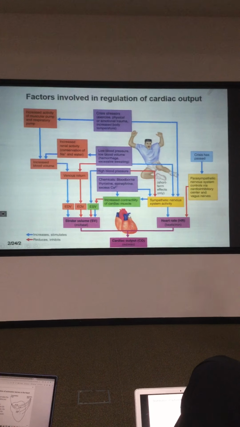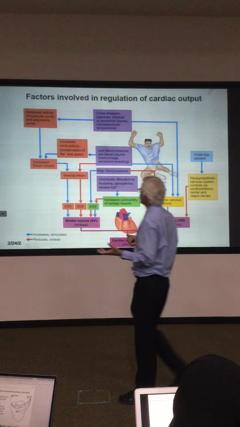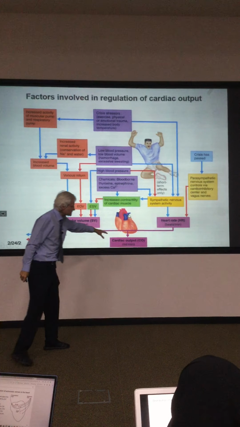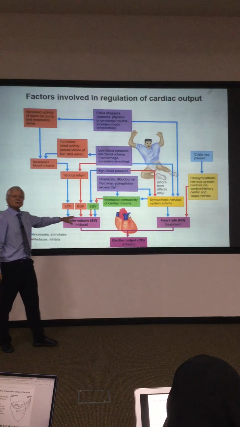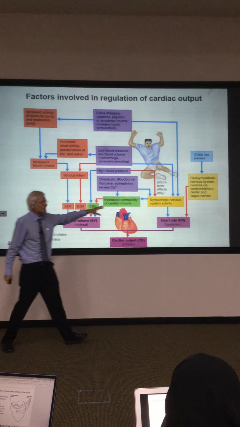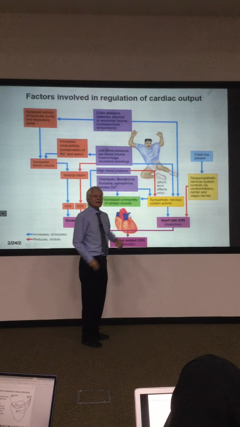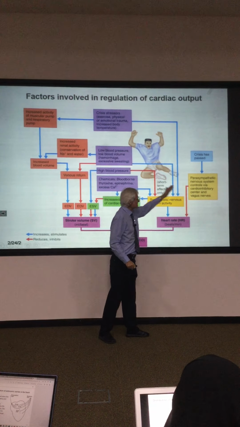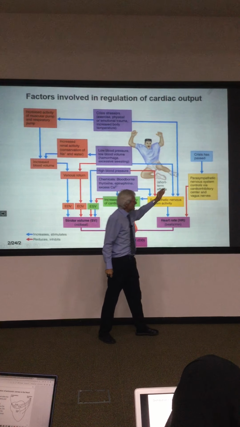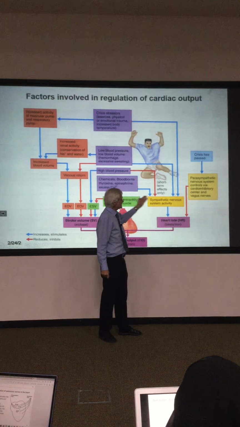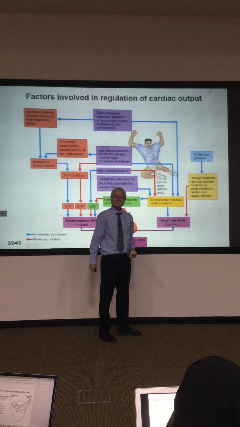Finally, this diagram tries to bring some of these ideas together. Down at the bottom, we've got cardiac output. We know that cardiac output is a product of stroke volume and heart rate. We know that heart rate is controlled by parasympathetic and sympathetic. Parasympathetic slows down, sympathetic speeds up.